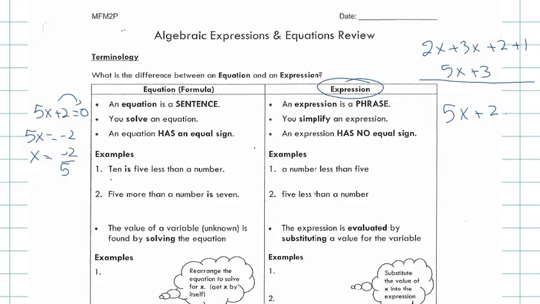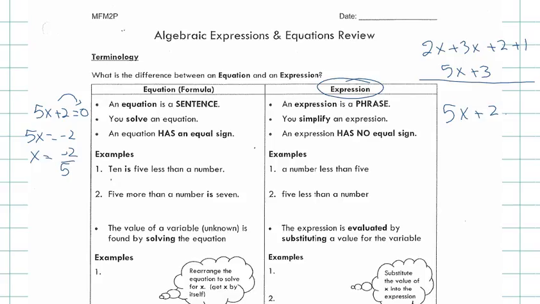Alright. Now, let's look at some examples. 10 is 5 less than a number. 10 is.